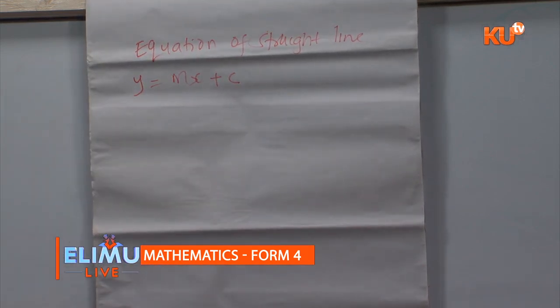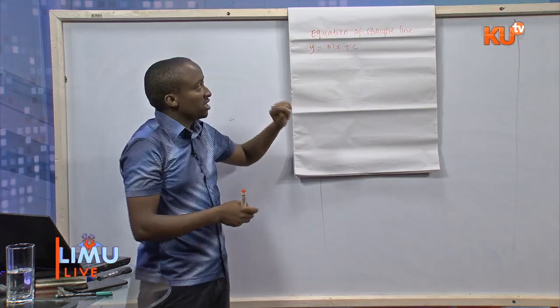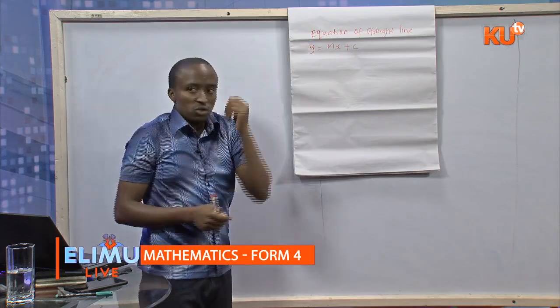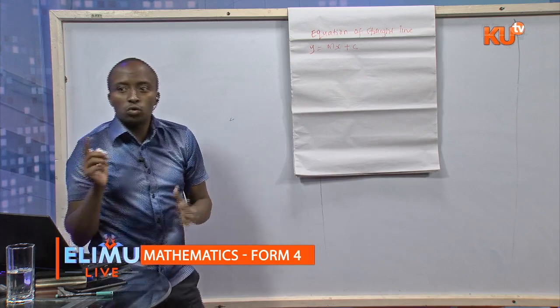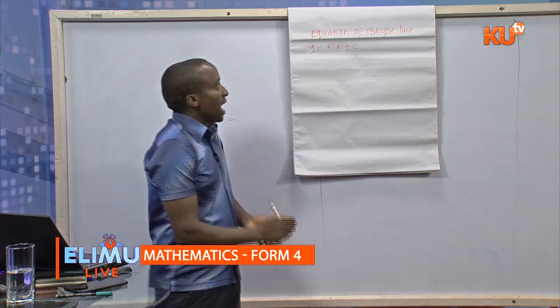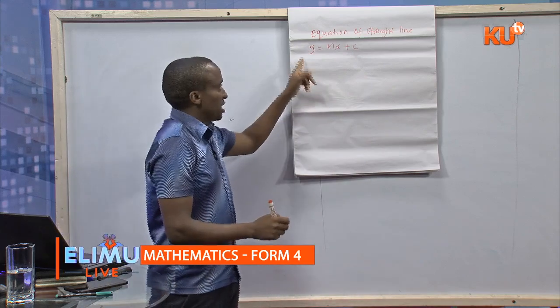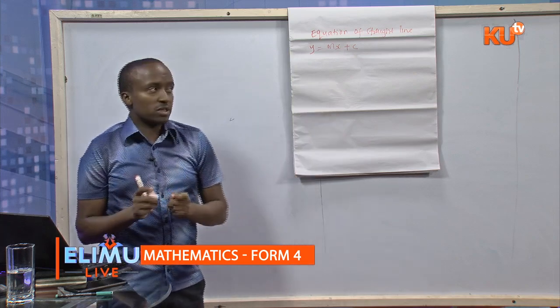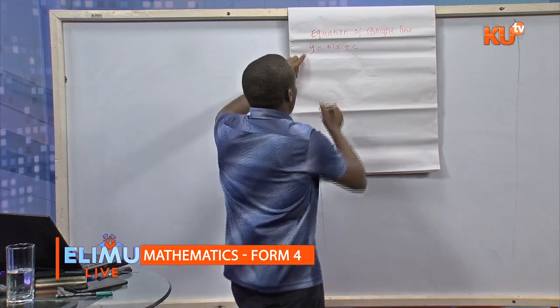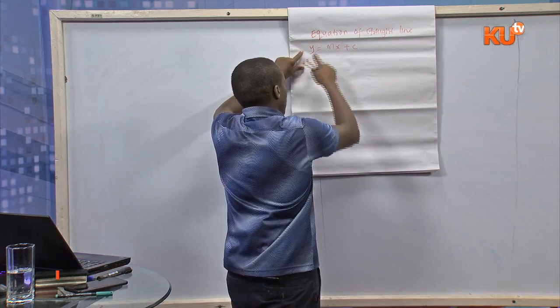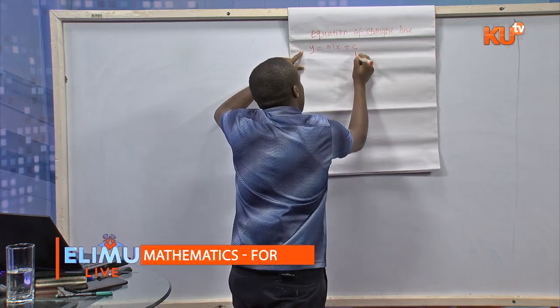I want to come to our third topic here. The first thing you have to know is how to define the gradient. The second concept that you need to understand on this topic is how to find the equation of a straight line. And the third concept is how to interpret the general formula of an equation of a straight line. So y here stands for the y-intercept.